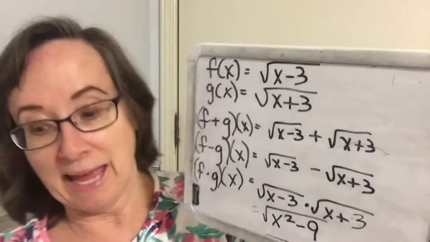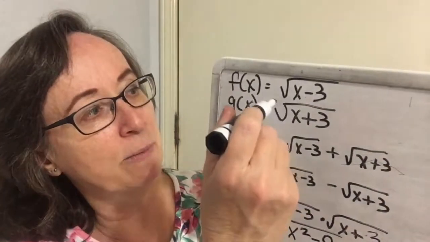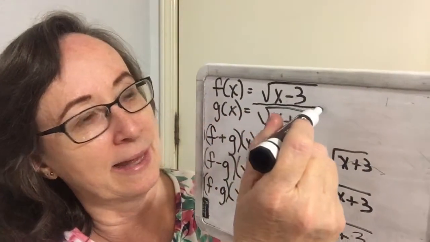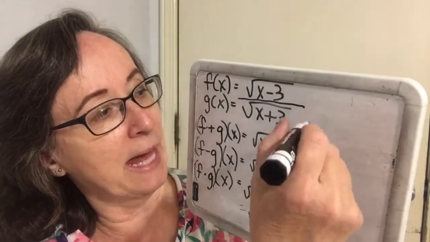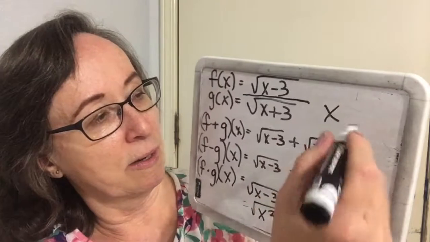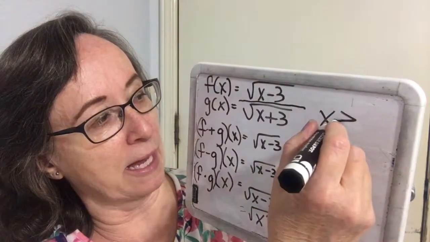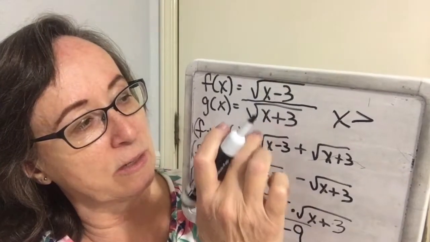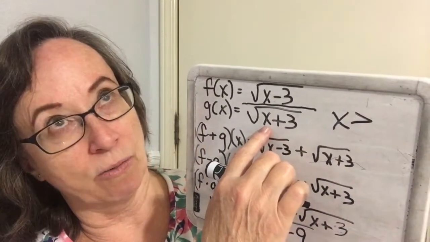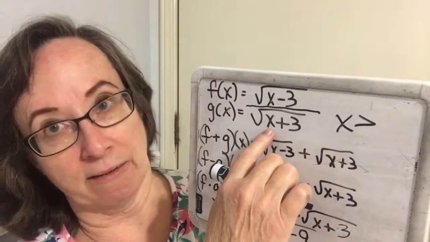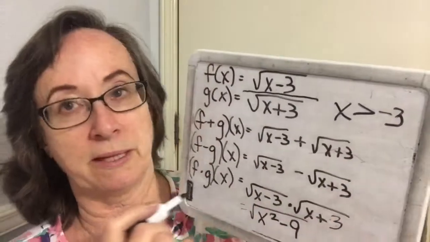And I didn't put the quotients on here, but we really can't simplify those either. If we're going to do f divided by g of x, it would simply be that right there, with the restriction that x would have to be greater than, since this cannot go negative, a negative 3. X is greater than negative 3 would be our restriction.